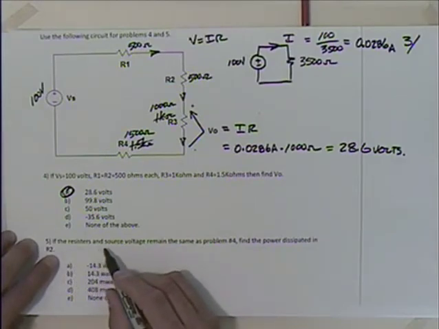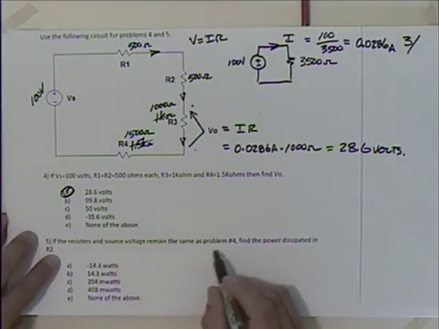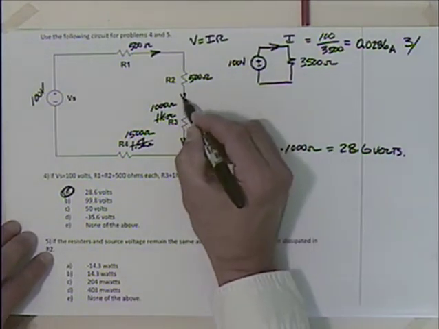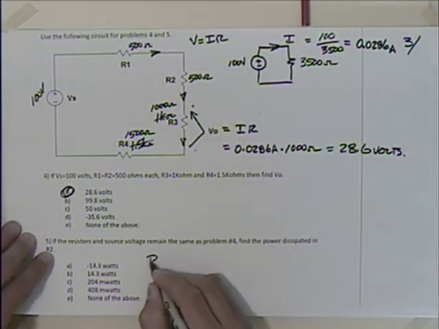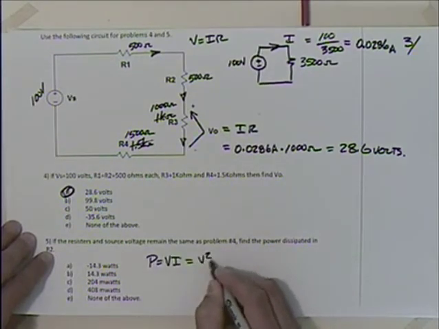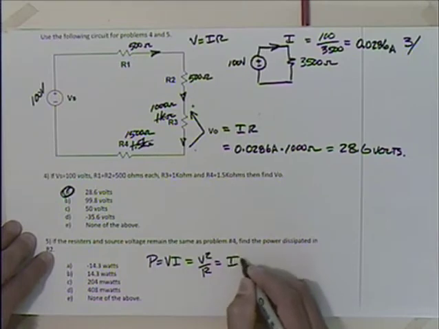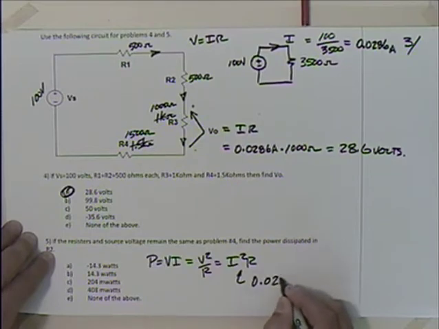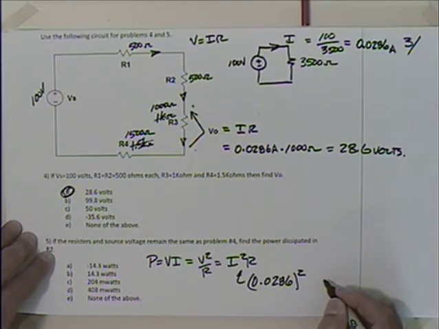If the resistors and source voltages are the same as problem 4, find the power dissipated in R2. Okay, well, power is equal to V times I, or V squared over R, or I squared times R, right? Let's use that one. I like that one because I got I. So 0.0286 squared times what resistance did we have?